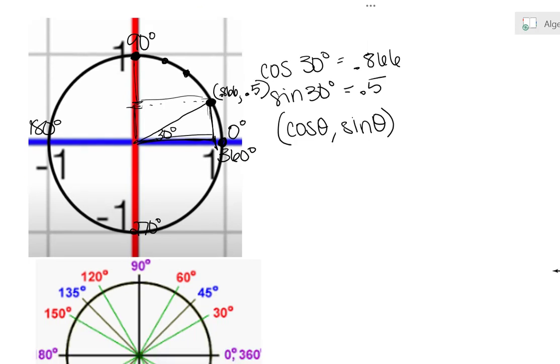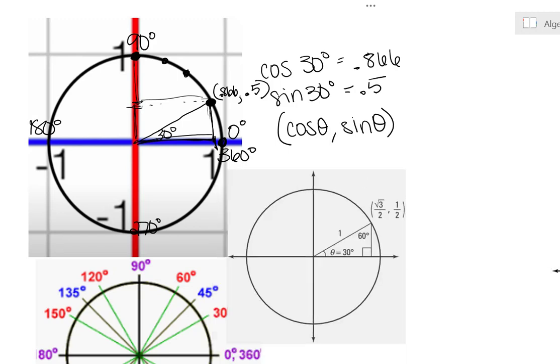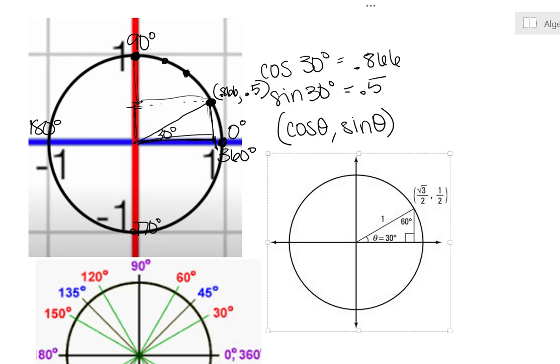I'm going to pull up another image right here. For our triangles, I know that if I have that 30-degree angle, I can do cosine of 30, and I know that that's going to be adjacent over hypotenuse. Now I know that with my special triangles, if the long side or the hypotenuse is 1, the long leg ratio is square root 3 over 2, and the short leg ratio is 1/2.